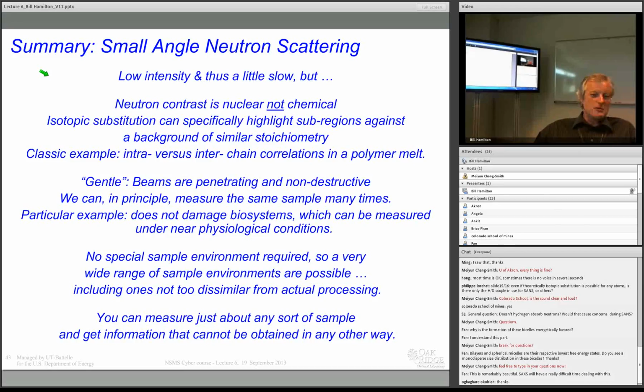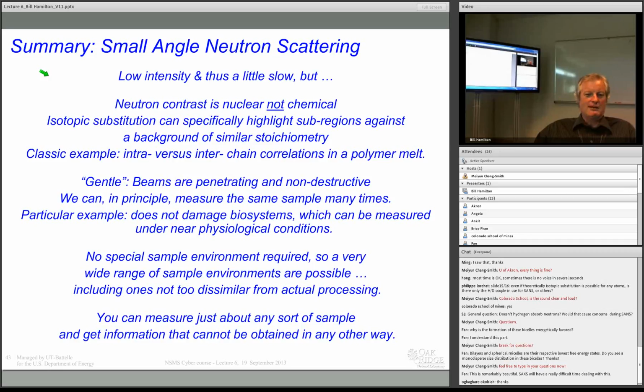Isotopic substitution means you can highlight subregions against a background of similar length, similar stoichiometry, and you can see things that are just otherwise invisible. And the classic example is the polymer chain in a polymer melt, but the same trick gets played over and over and over again, and the limits to that trick are only the limits to what you can deuterate.